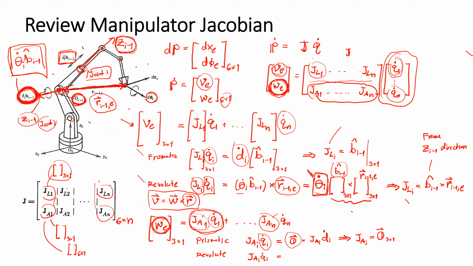The direction change, which is the effect of the velocity of this joint, will be the same. Which means that we can see theta I dot with the unit vector z I minus 1 at any position, including the endpoint position.